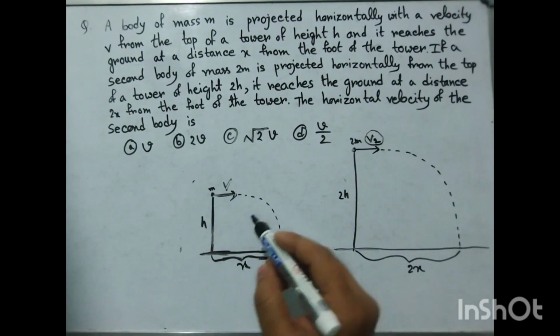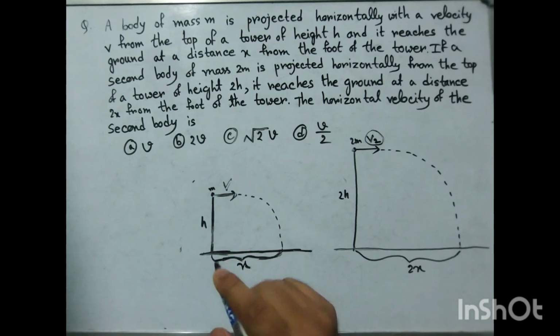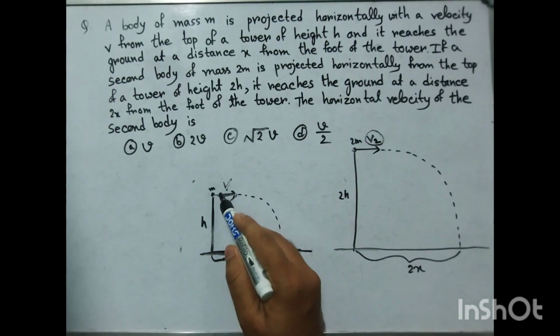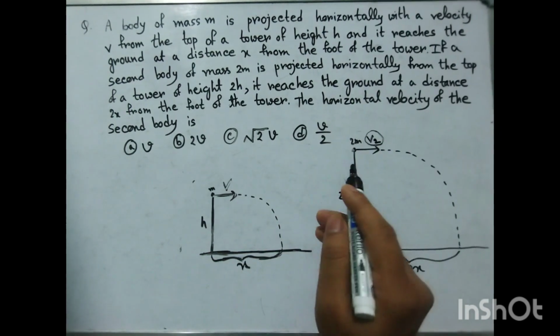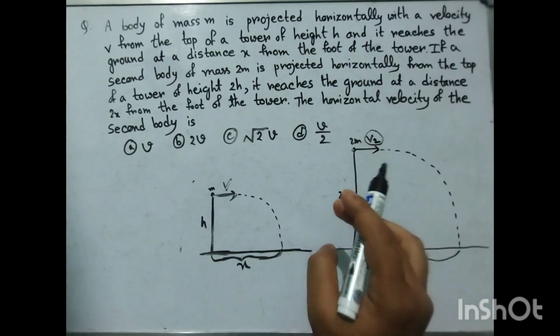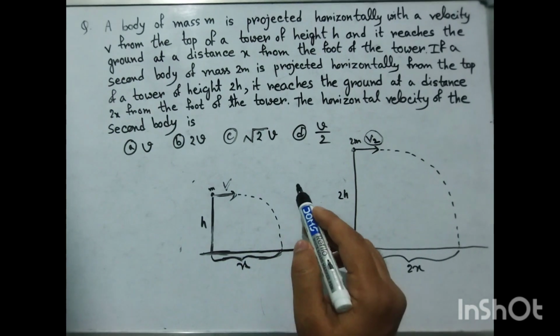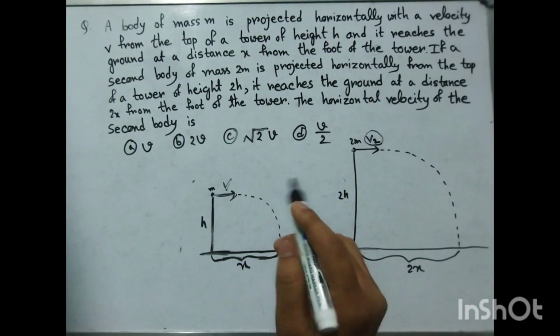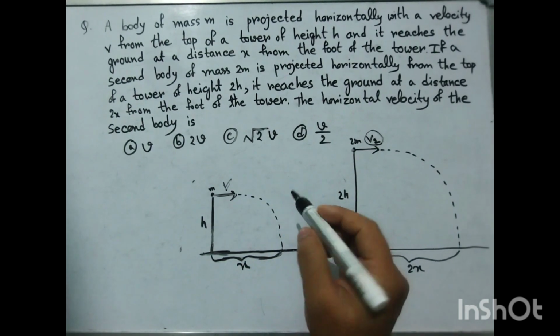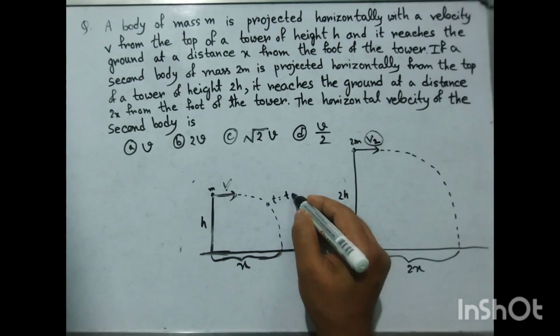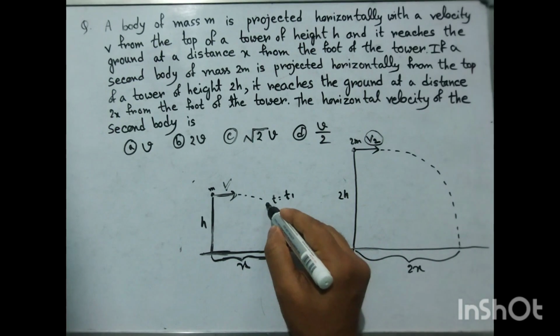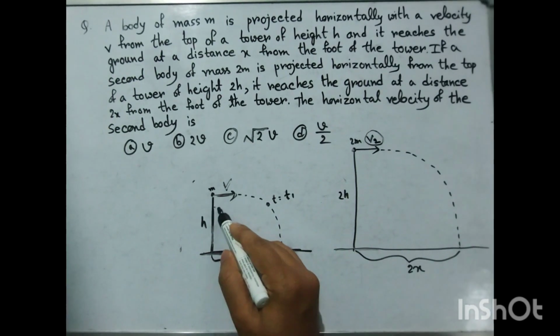Okay, so first let's understand the problem. I have always told you that projectile motion is two-dimensional motion. It is just a combination of two one-dimensional motions. Suppose at time t1, the object is at this point.